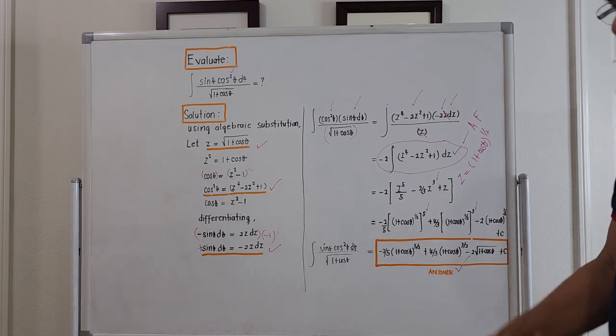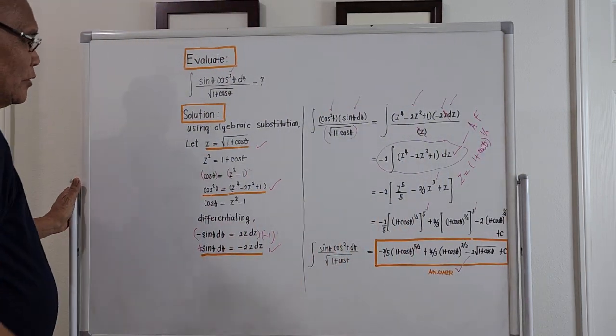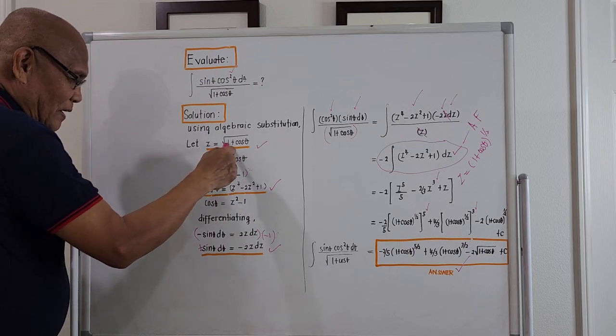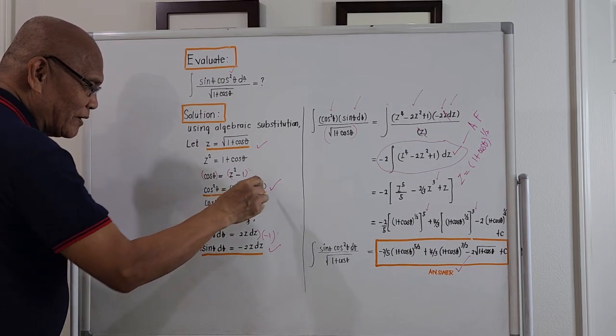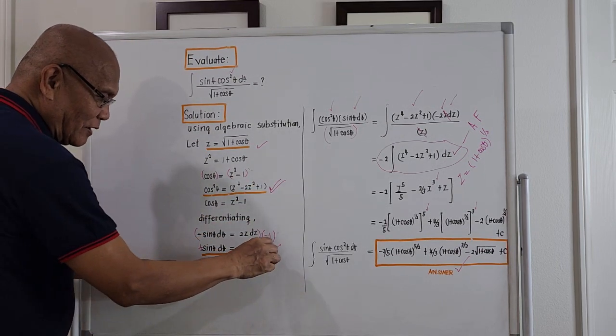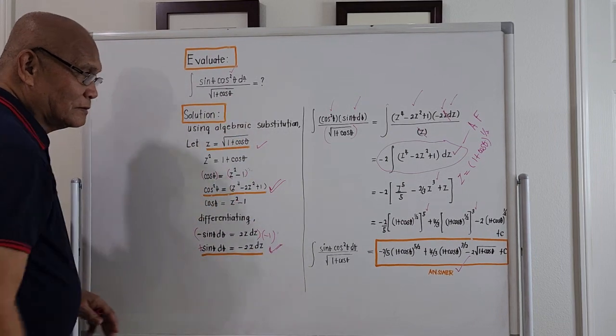Okay? That is a solution by using algebraic substitution. We represent this one as z. Process this one. What will come out will be cosine square theta. We can compute for sine of theta differential theta. So we needed this. We put it back.